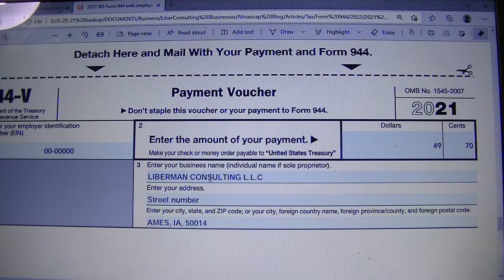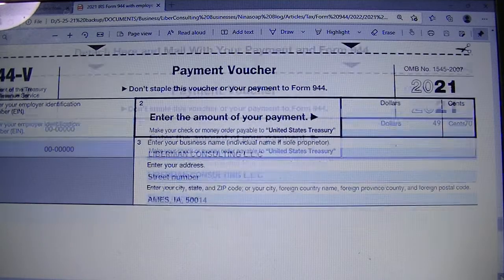And then you include the business name. It's not your name anymore, but your business name, and you only put your name if you are a sole proprietor. Your business name, the street address for the business, and the city, state, and zip code. And pretty much you are done.